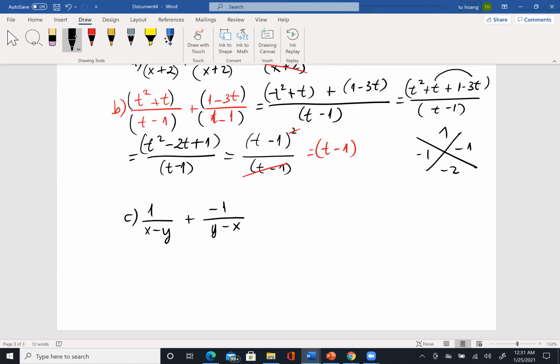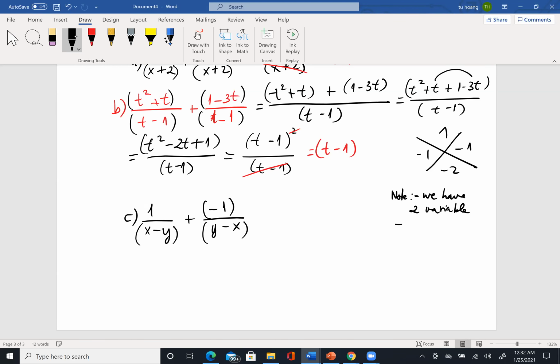Okay, in this case, firstly, I want to have the parentheses, right? In this case, make sure you note that we have two variables. Right. Okay.